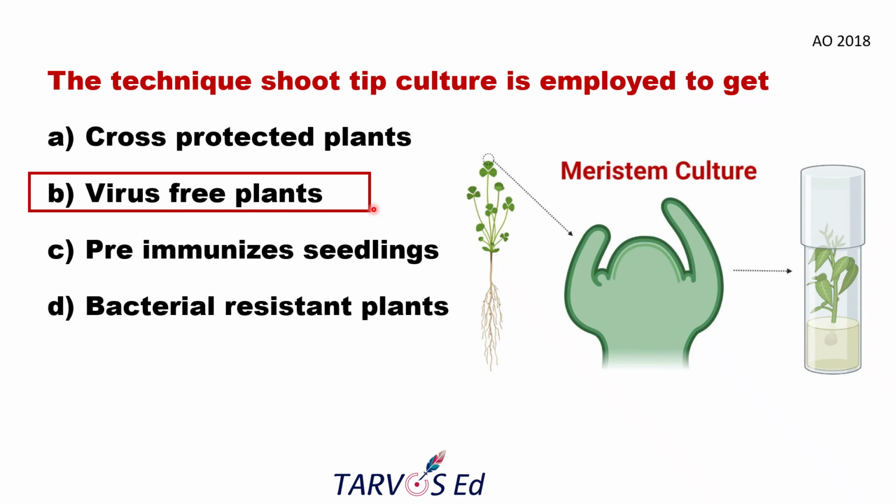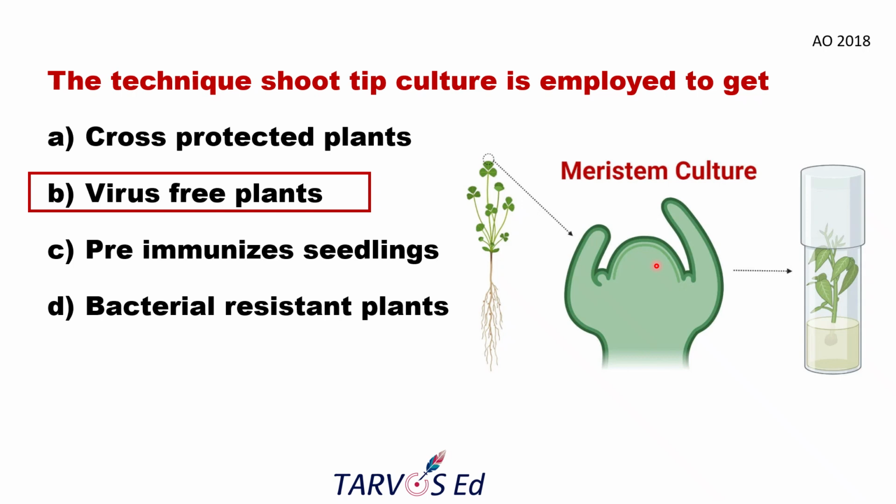More important reasons are that there will be more oxygen production at the shoot tip area. The next reason is that the plasmodesmata, which is the cell to cell connection, will not be much developed at the meristem tip area, so even the virus cannot penetrate into the cells of the meristem tip.